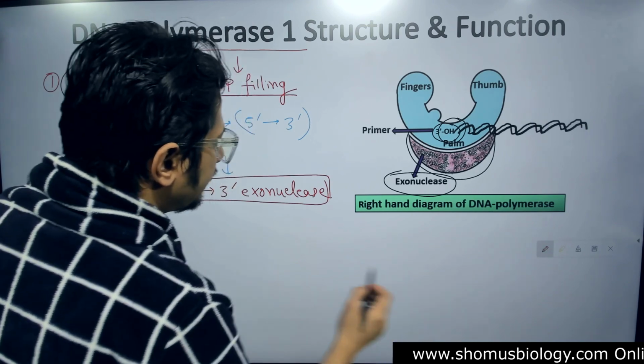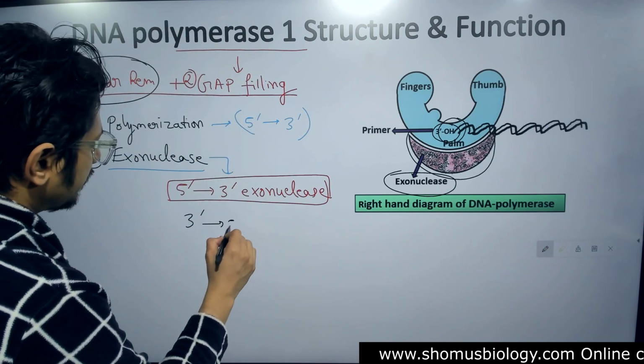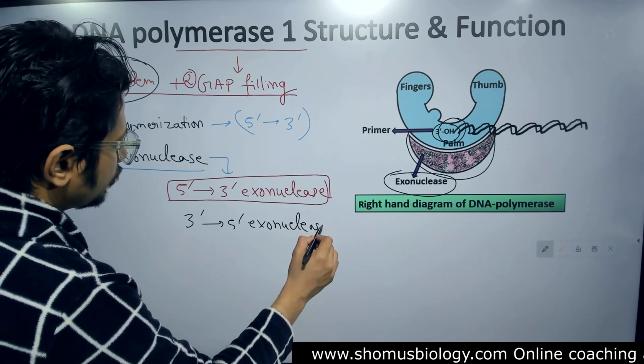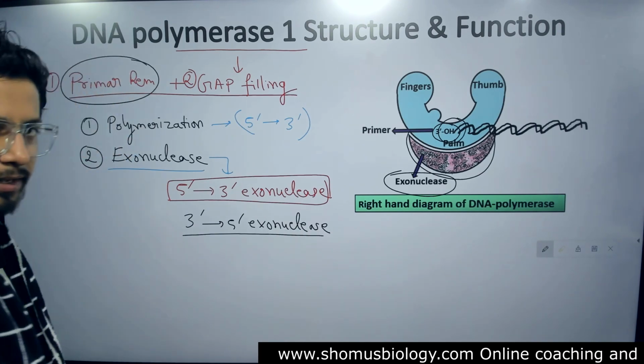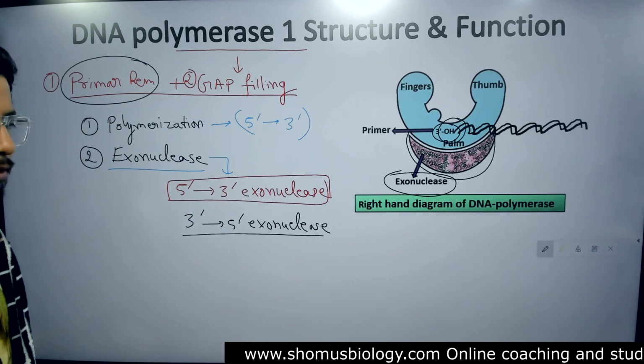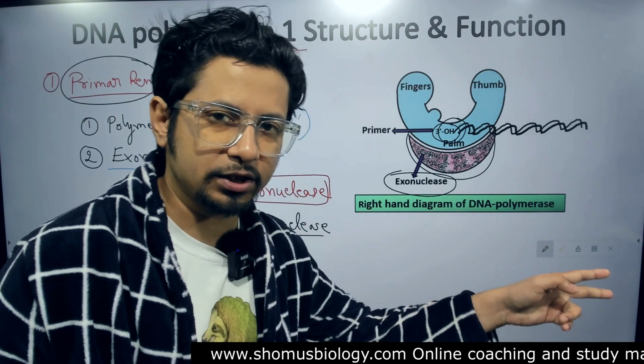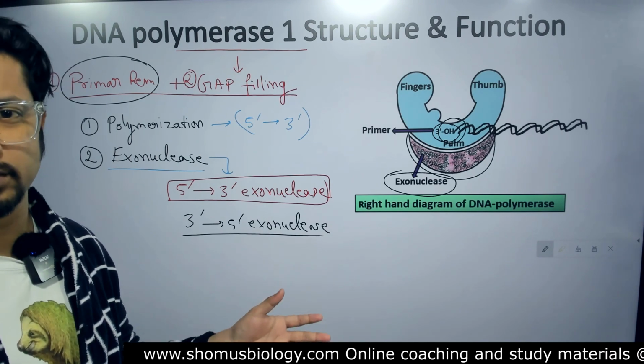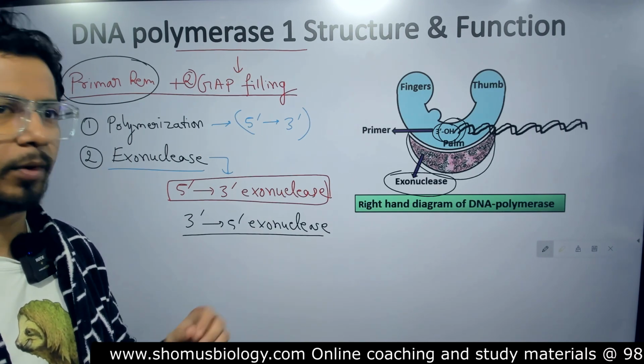It also carries a 3' to 5' exonuclease activity, but it is common. It is also there for other polymerases. 3' to 5' exonuclease activity is the reverse direction of the polymerization, the usual direction of exonuclease function in polymerase.